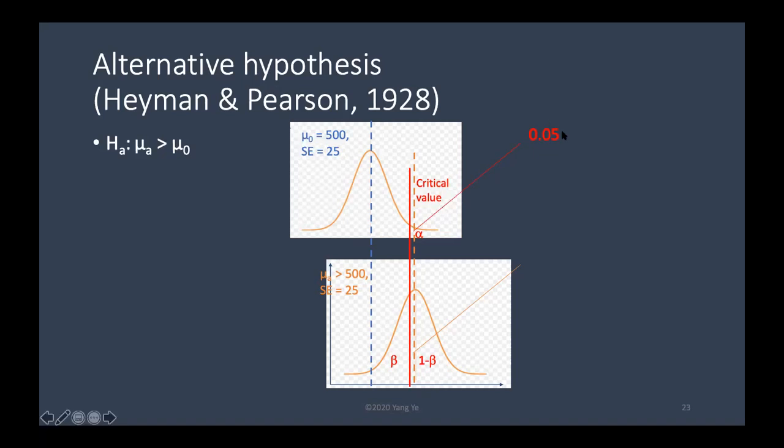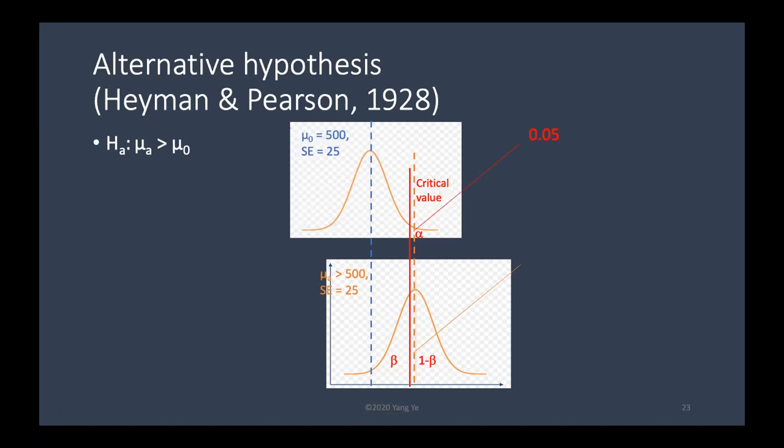Significant indicates that we get a sample mean that's to the right of the critical value. Okay, so 1 minus beta is power. And in this case, as our sample size gets larger, the standard error becomes smaller, and that would also affect our 1 minus beta.